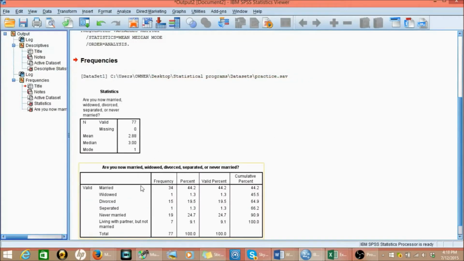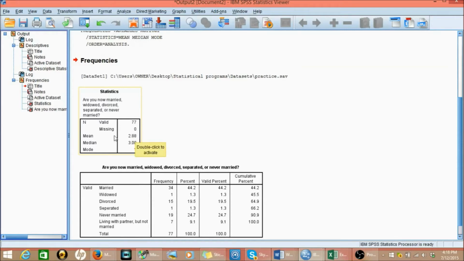So when we look at married, we're looking at the frequency. We can see that the mean is 2.88, the median is 3, and the mode is 1. So the mode is, if you remember, the most often. So most people answered 1. The median is what's in the exact middle of the 77 people. And the mean is, again, the average.